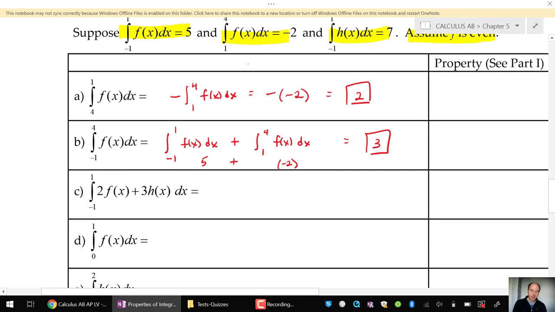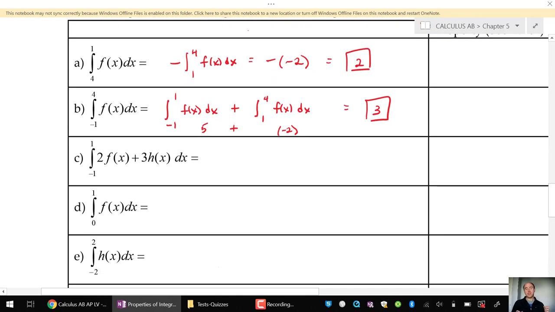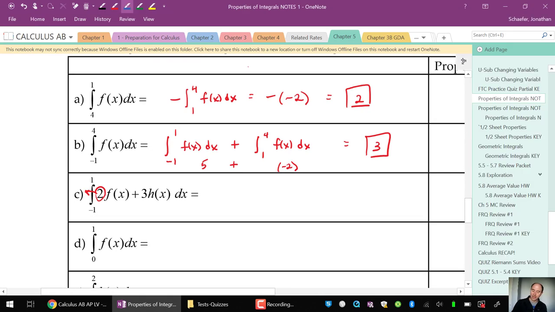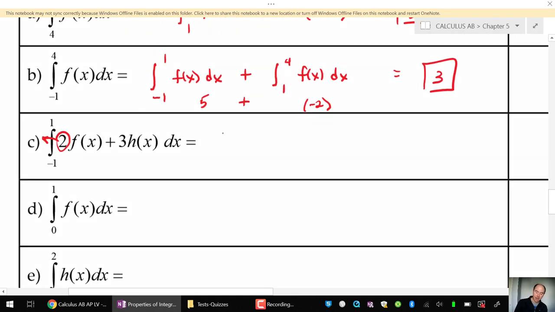Next one, letter C. So remember that the integral of a sum can be written as the sum of 2 integrals, and a constant can be pulled outside of the integral as well. So if I try to break down this collection, here's what I'd have. I'll have 2 times the integral from -1 to 1 of f plus the integral, actually 3 is a constant as well, so plus 3 times the integral from -1 to 1 of h.